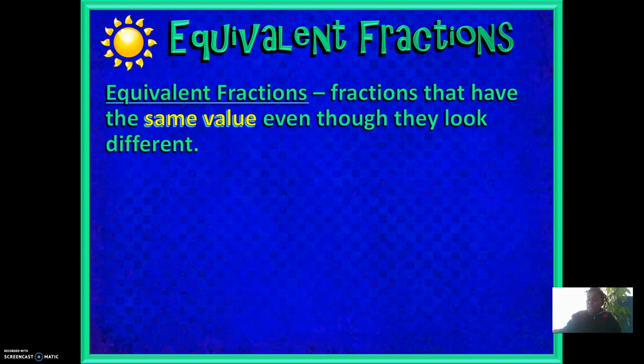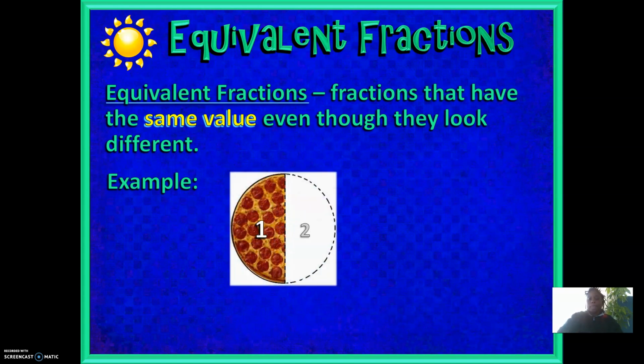So now, what are equivalent fractions? Well, they're just fractions that have the same value, they just look a bit different. Let's look at this first example. Example number 1, we see this pizza and we would call this 1 out of 2 slices remaining, or 1/2 of the pizza is remaining.